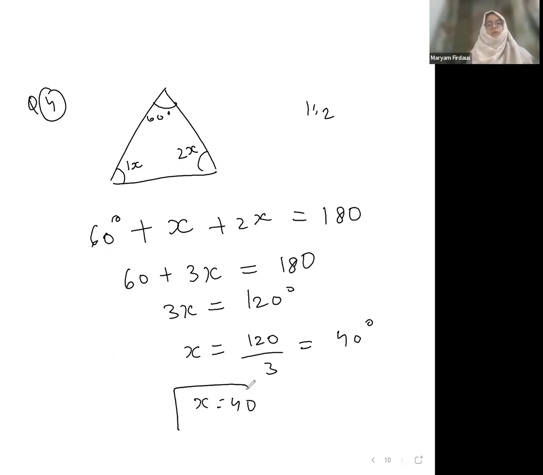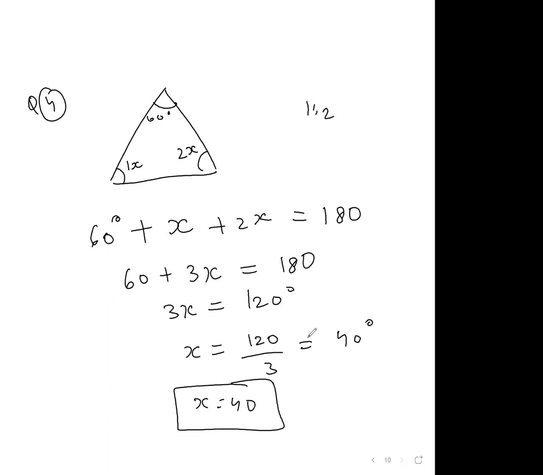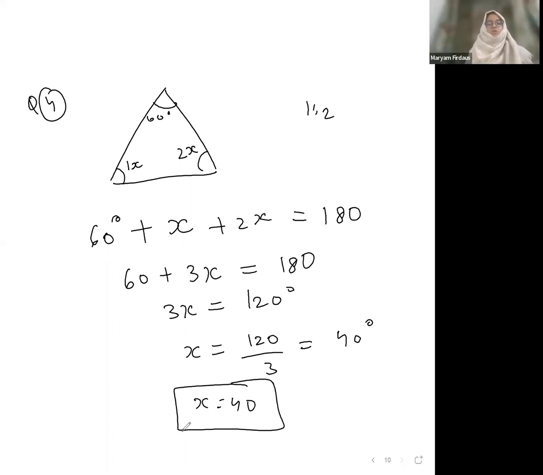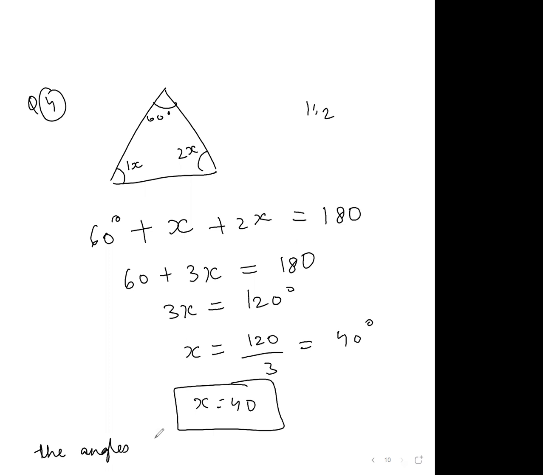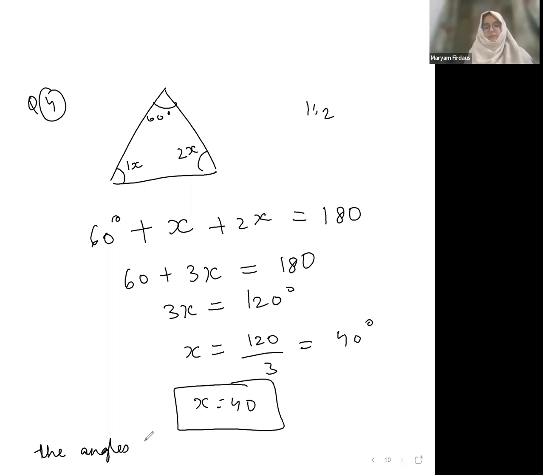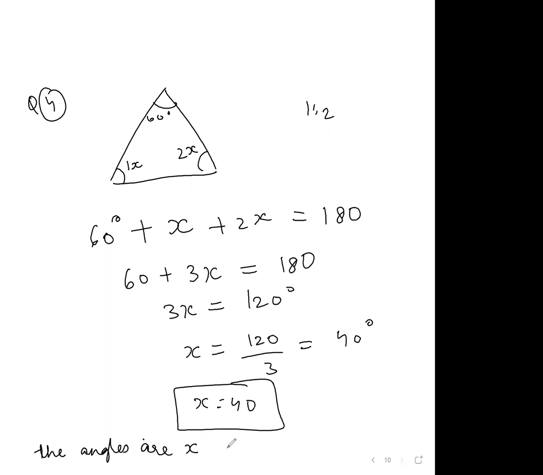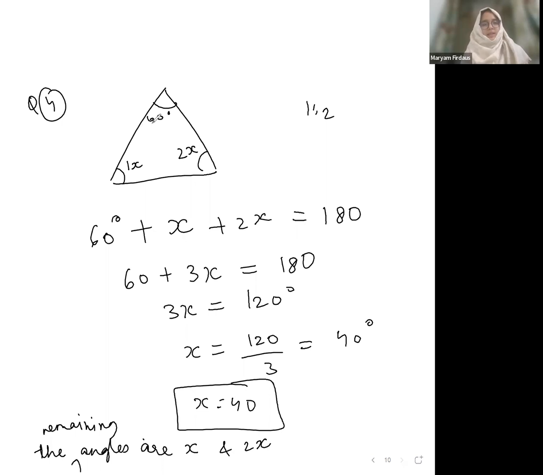Now, what are they asking you to find? Are they asking you to find x in the question? No, they're asking us to find the angles. So if x is 40, then what will the angles be? The remaining angles are x and 2x, right? 60 is already given.